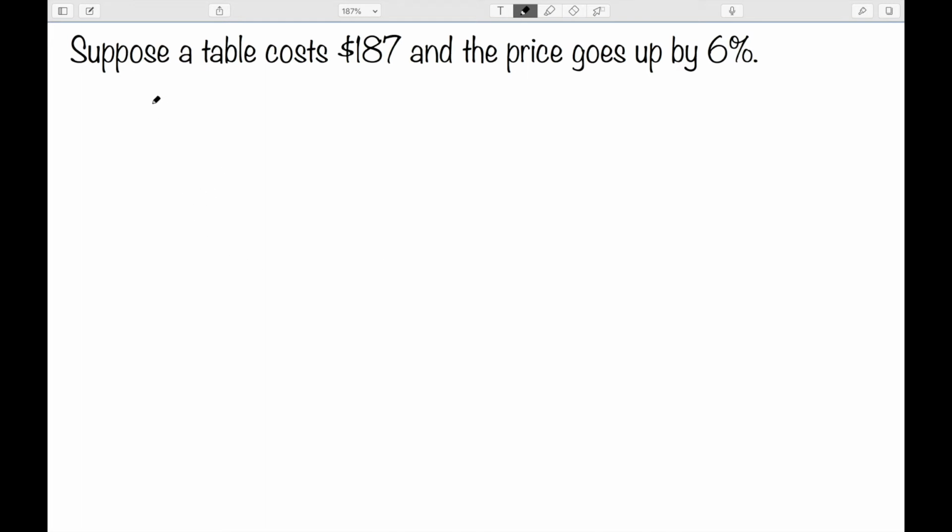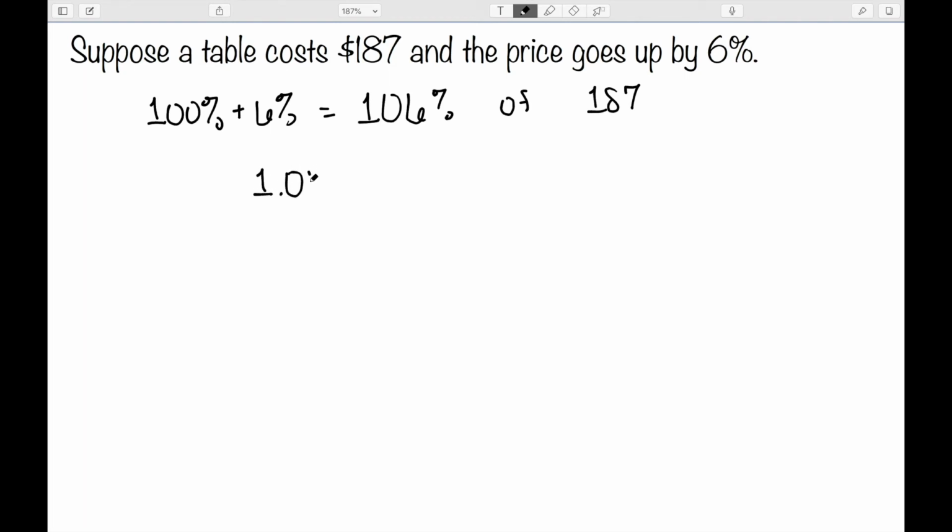So then the new table price is 100% of the original one plus an additional 6%, or 106% of 187. So what we could do is multiply 106%, so 1.06 times 187. And when we do this, we get our new price of $198.22 after the 6% increase.